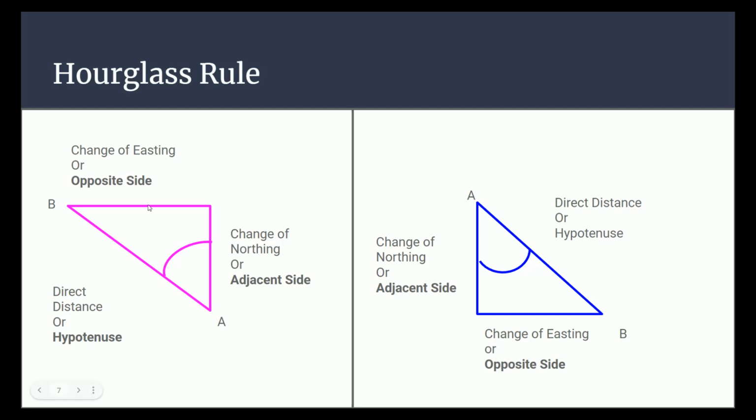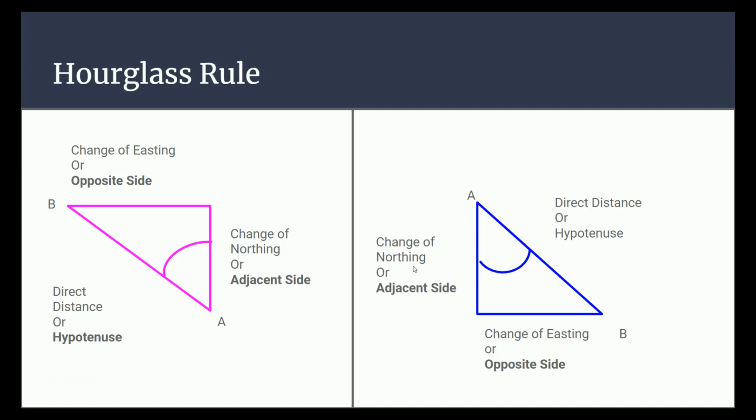So for example, this triangle is going towards the northwest direction starting at A and going to B. We can always know that a change of eastings will be on the opposite side of this angle, while the change of our northing will be on the adjacent side. Our direct distance traveled will be at the hypotenuse.